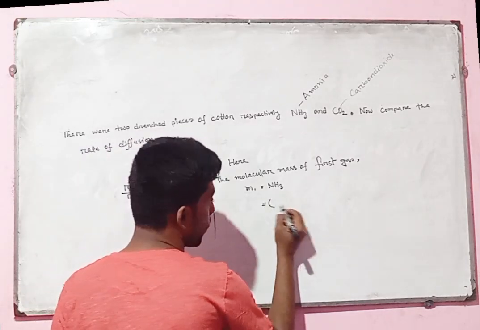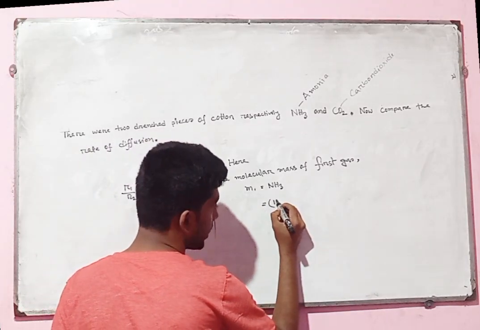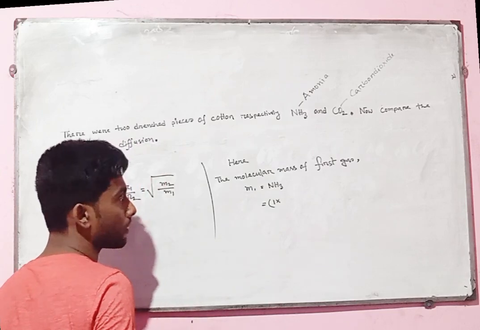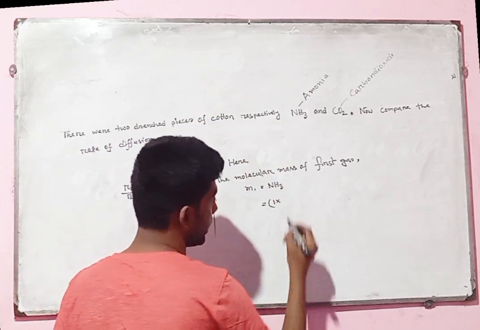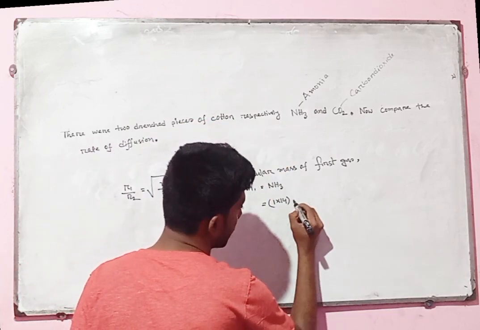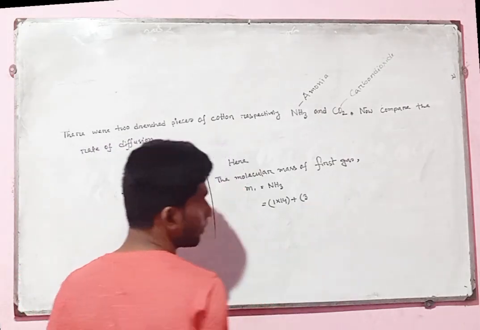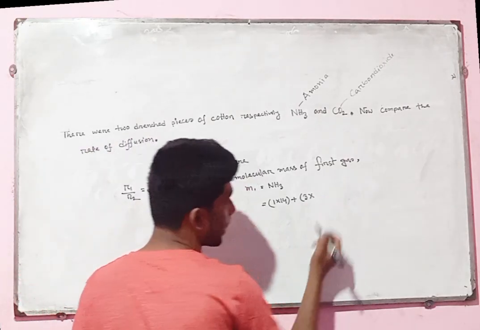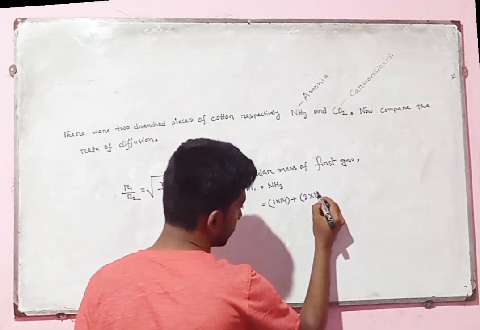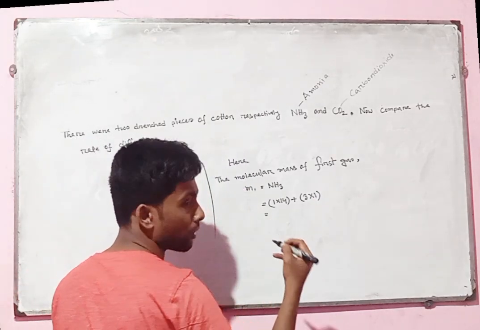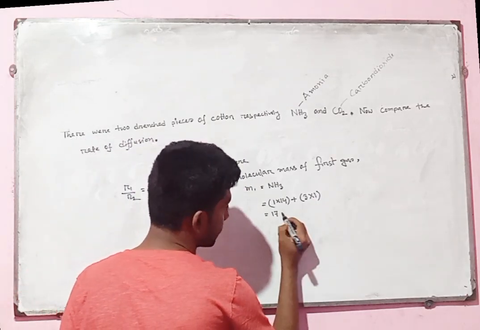Nitrogen has one atom, so we write 1 into the atomic mass of nitrogen, which is 14, plus hydrogen has 3 atoms, and the atomic mass of hydrogen is 1. After adding them, we will get 17.